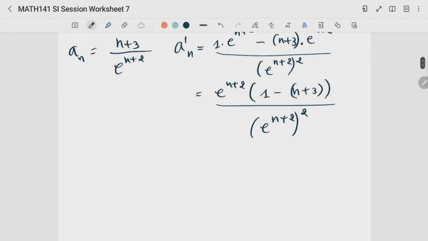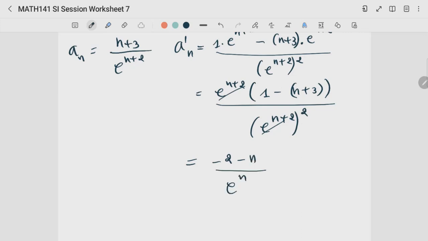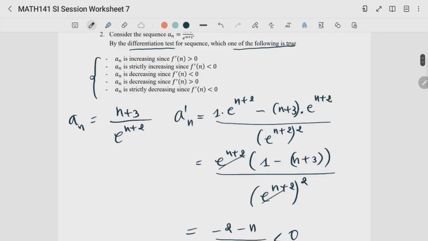Okay, which is further equal to, we can simplify e^(n+2) because it's a common factor in the numerator and denominator. Then we are left in the numerator with (-2 - n) divided by e^(n+2), which we can clearly see is less than 0.